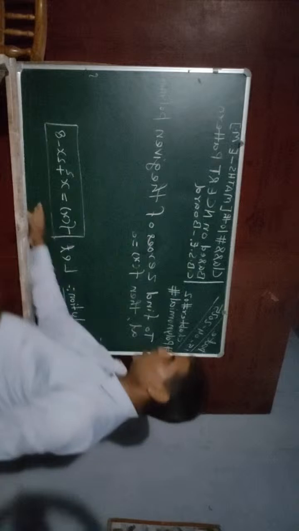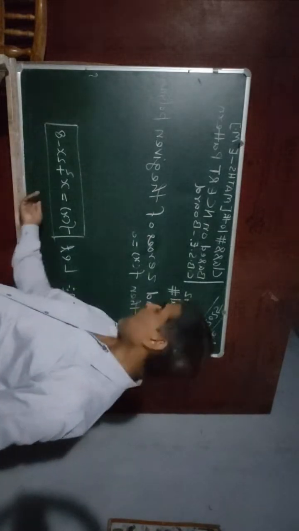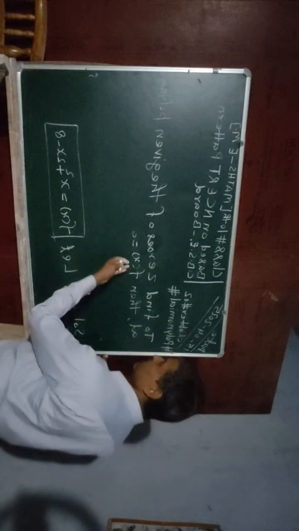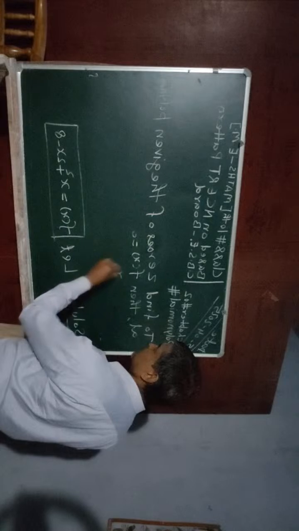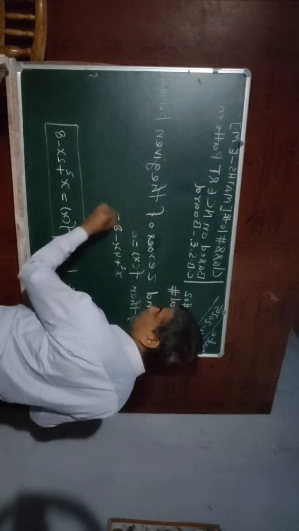If a polynomial is given and we have to find its zeros value, I will put f of x is equal to 0. So f of x is x square plus 4x minus 8, which is equal to 0.